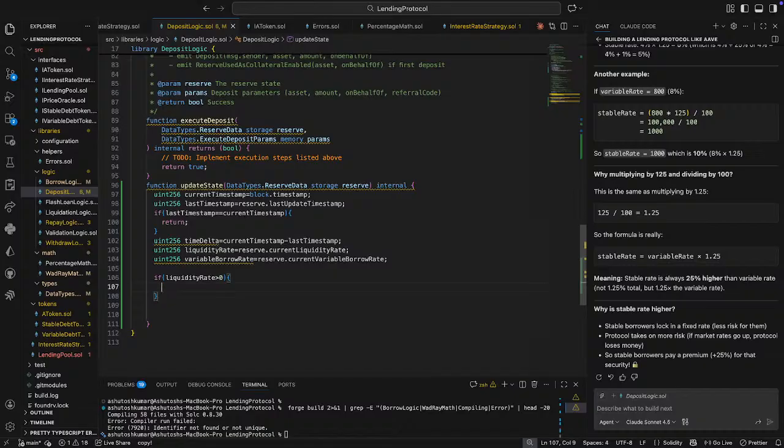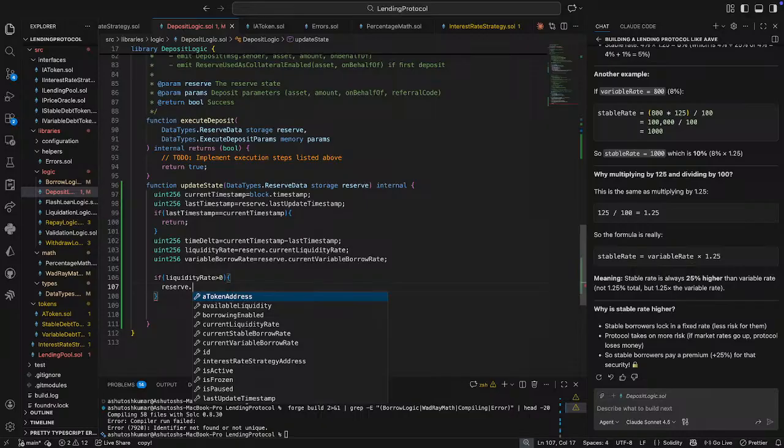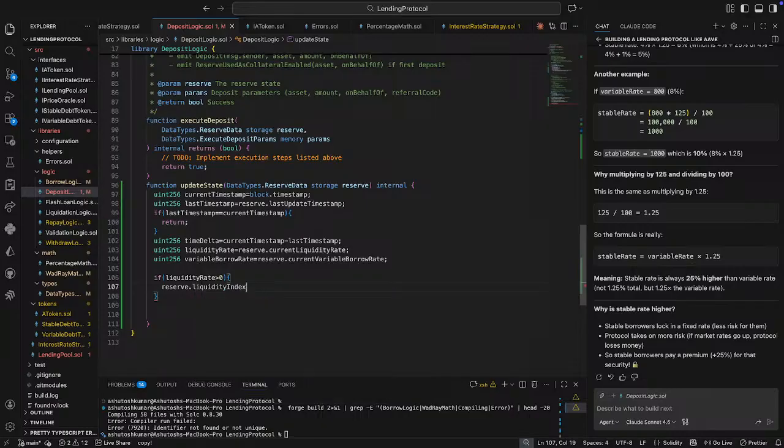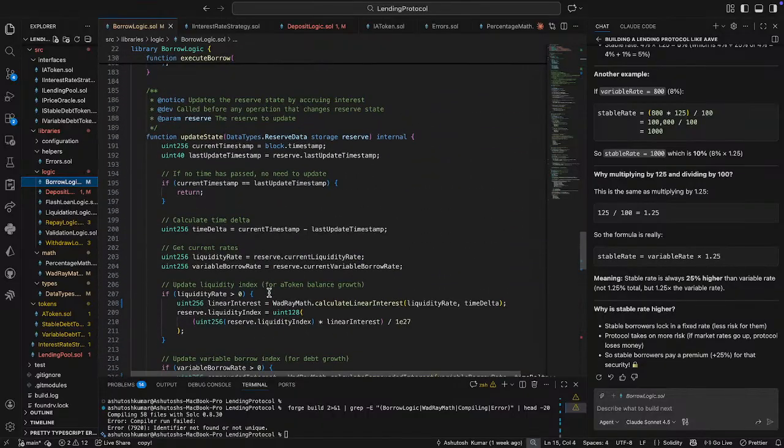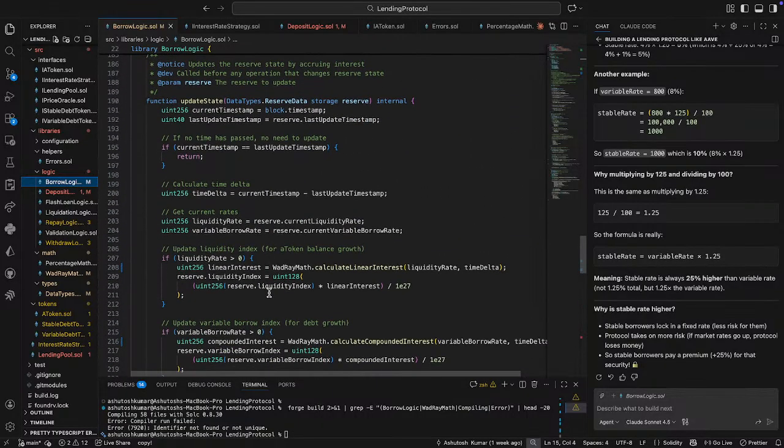And how are we supposed to? uint liquidity reserve dot liquidity index should be new, according to what's the math here? What is the math here? How are we updating? We are calculating the linear interest?